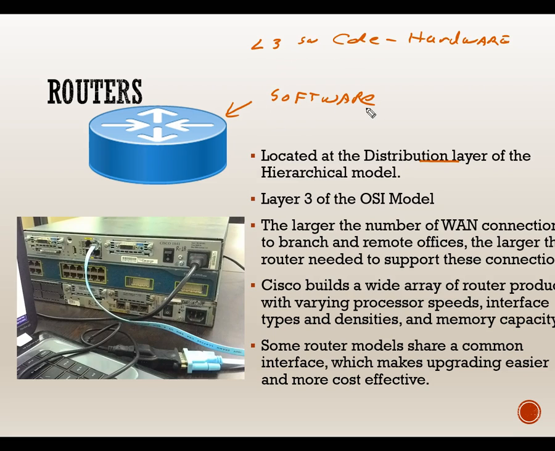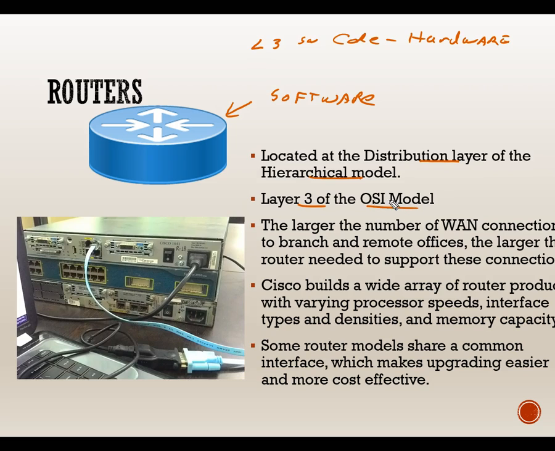But we have software, the IOS, the Cisco operating system that we load on the router, and then it is optimized for packet forwarding. So it's located at the distribution layer of the hierarchical model. And again, the hierarchical model is the Cisco hierarchical model.